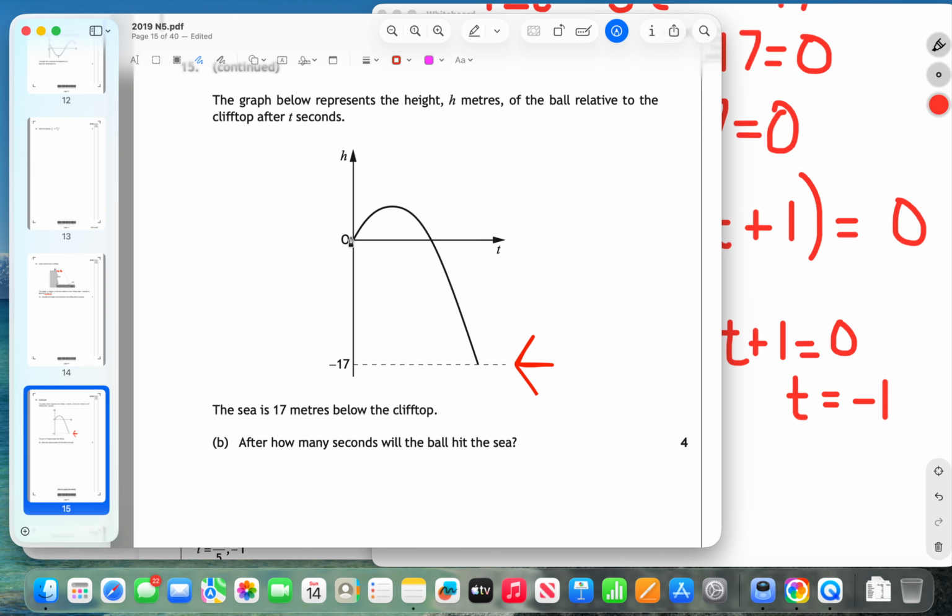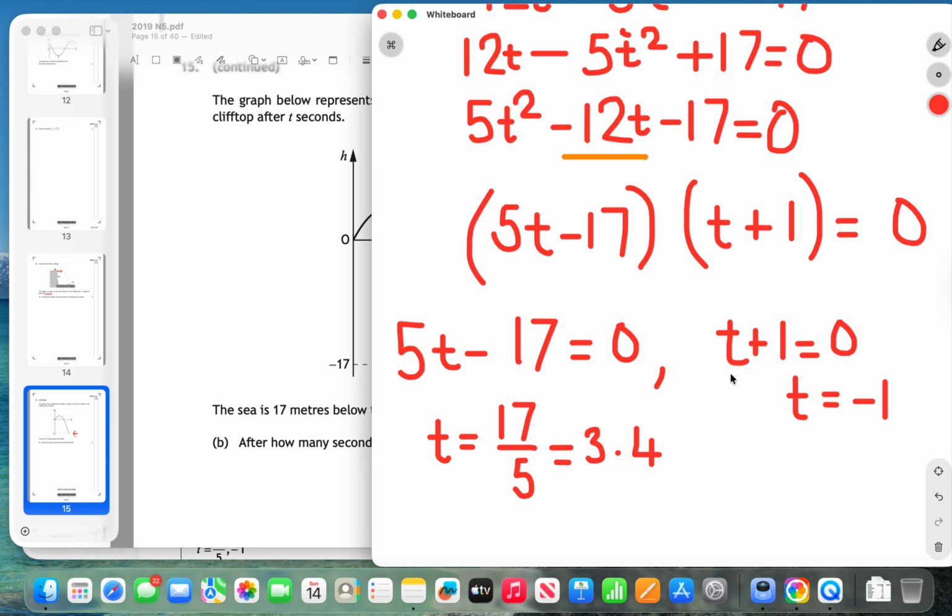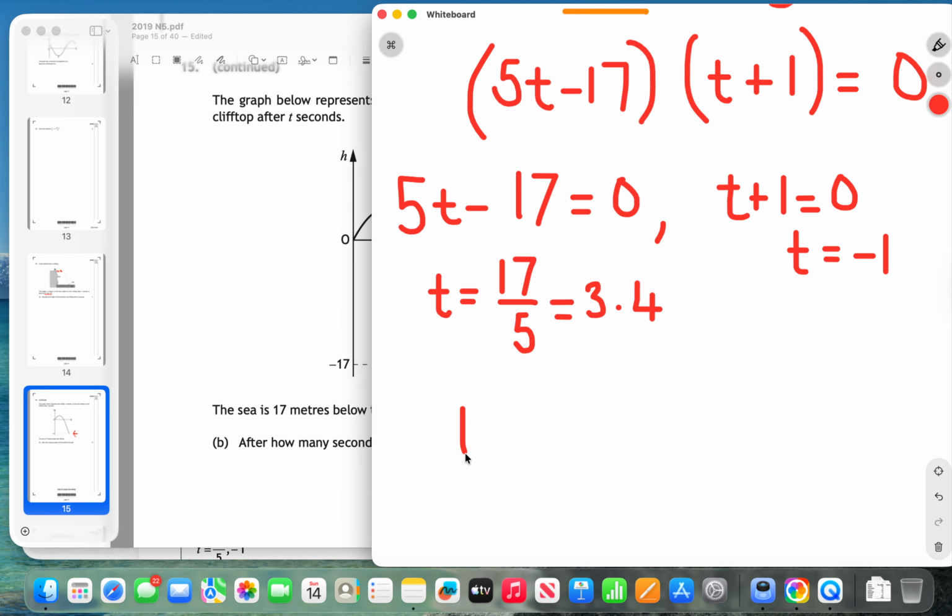And we're told after how many seconds will the ball hit the sea. Now it makes logical sense that it has to hit the sea after it was kicked. A, because the graph only includes the information after it was kicked, but also the ball was on the cliff top, so it doesn't make much sense for the ball to be in the sea, then go up to the cliff top.